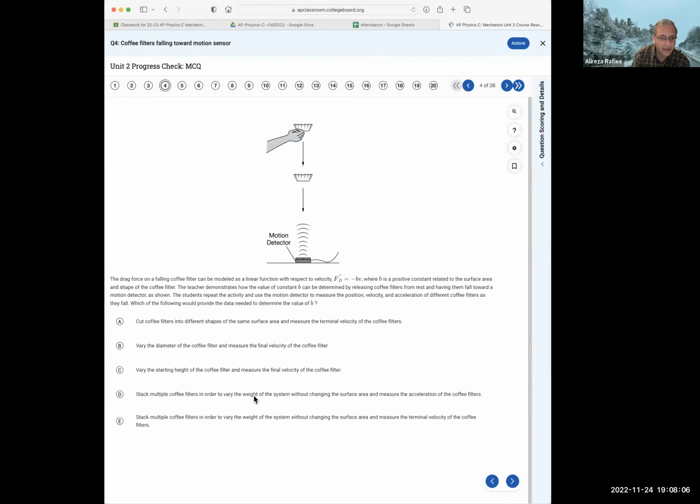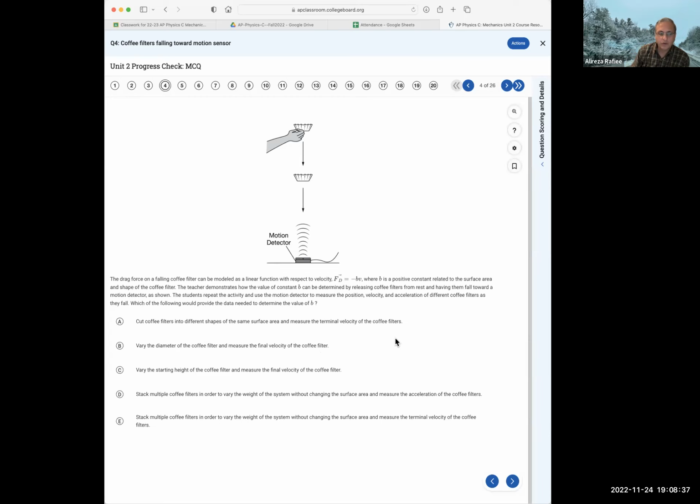Okay, now let's read the answers and tell me which one you think makes sense. The first one says, cut coffee filters into different shapes of the same surface area and measure the terminal velocity of the coffee filter. Okay, so what are you trying to understand? B, right?